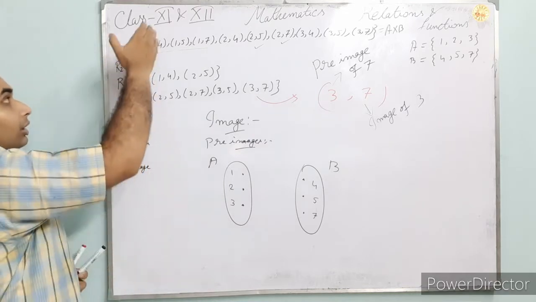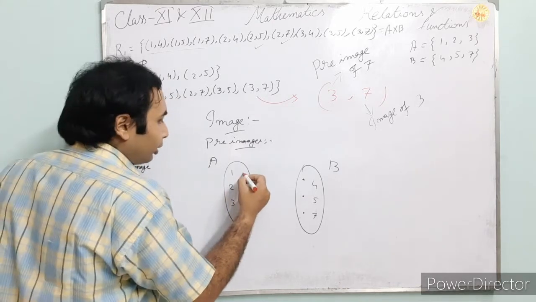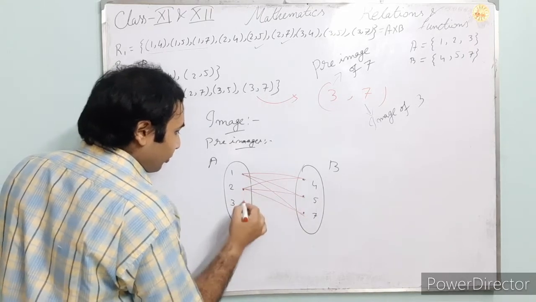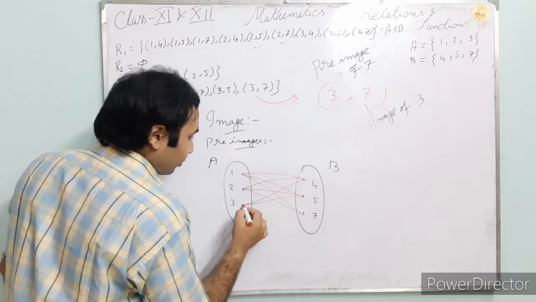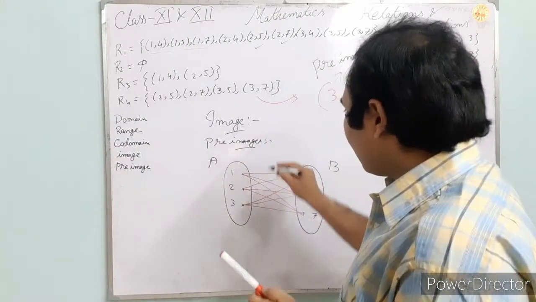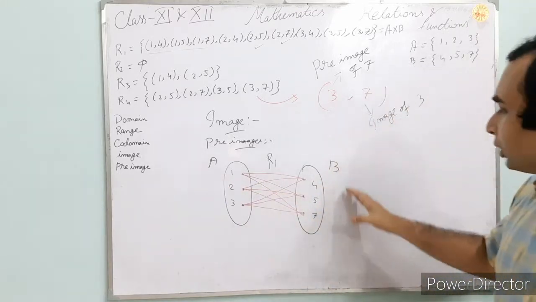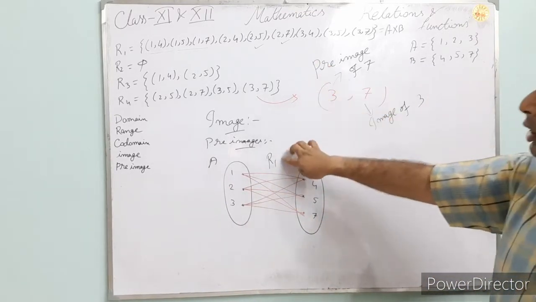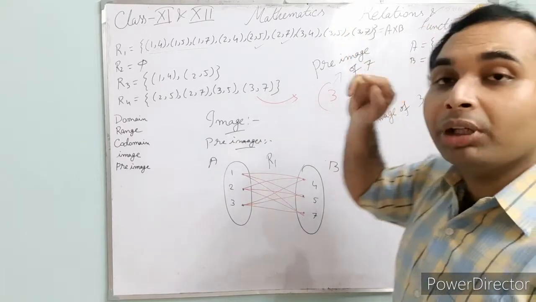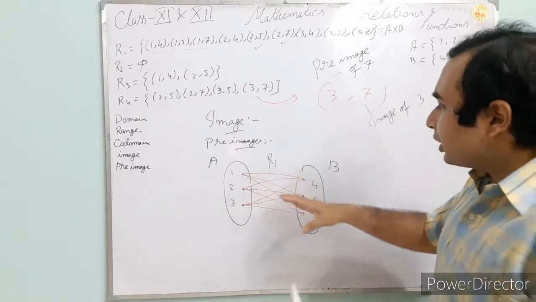If I define the relation R1, the elements of the set A are related to the set B with the help of the mathematical relation R1, where the second element is greater than the first element.